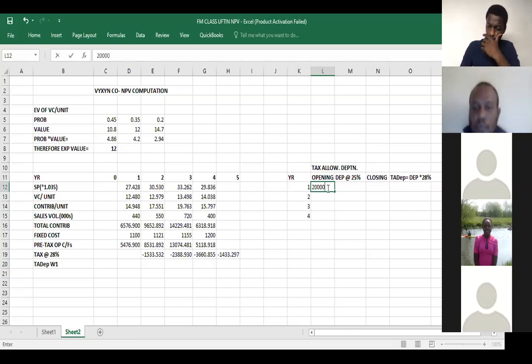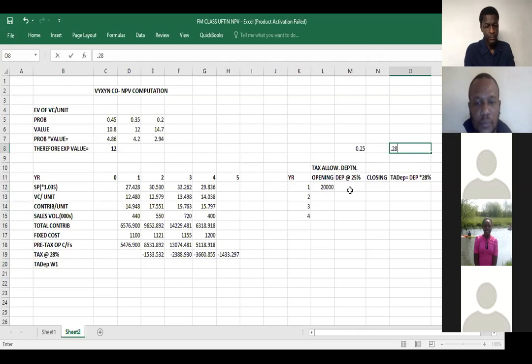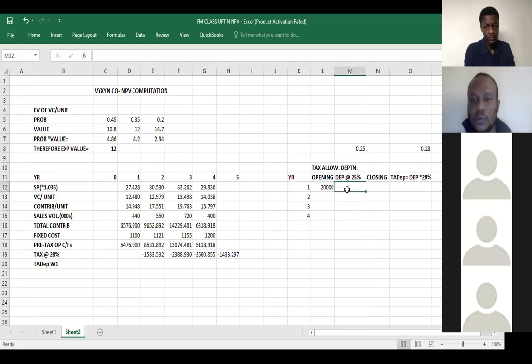Then our depreciation: we put 25%, so the opening figure multiplied by 25%. Our closing will be equal to this minus that.